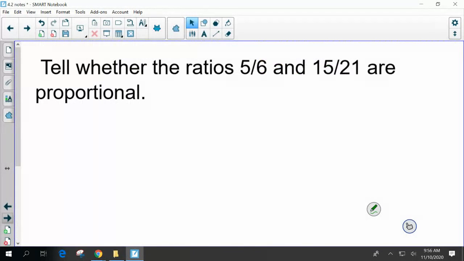Okay. All right. So now we're going to look at telling whether or not ratios are proportional. There are 2 different ways you can do this, so I'll show you both ways. The proportion is 5/6, and we're going to see if 15/21 is the same proportion. The first way you can do it is to divide them and get a decimal. So you can take 5 divided by 6 and figure out what decimal that is.